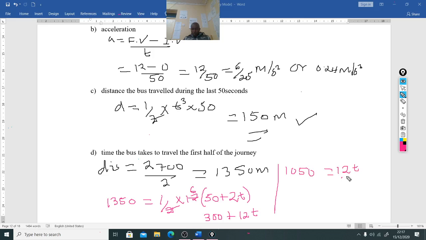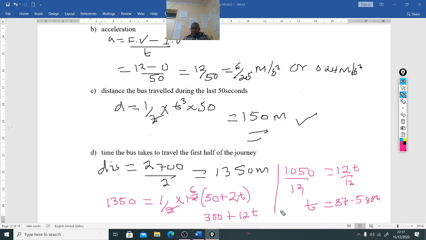So I need to divide by 12. Now t becomes 87.5 seconds.